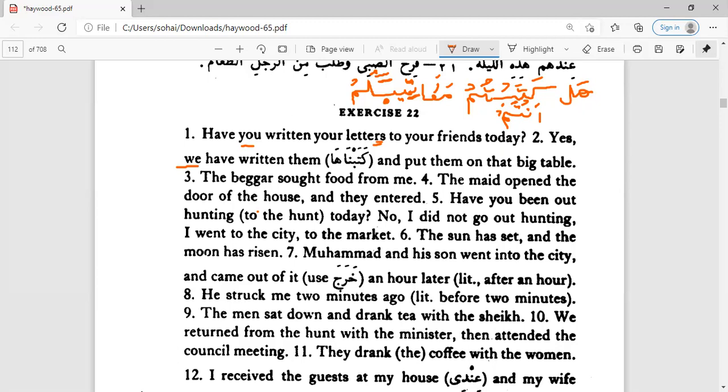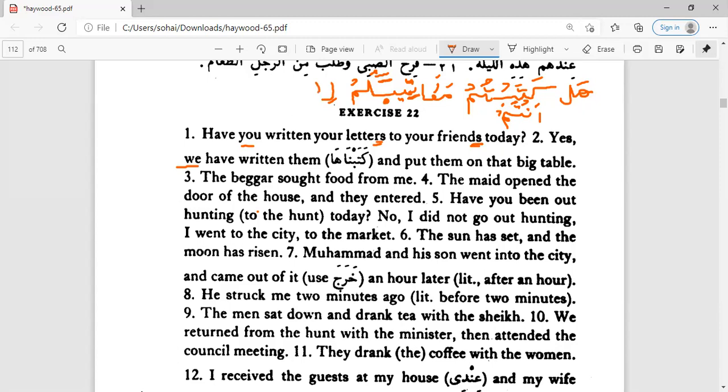Have you written your letters to your friends? So we can say, for example, ila or li. If you just say li here, for example, your friends, again, is plural. Again, mudaf and mudaf ilayhi: friends is mudaf, and yours is mudaf ilayhi.